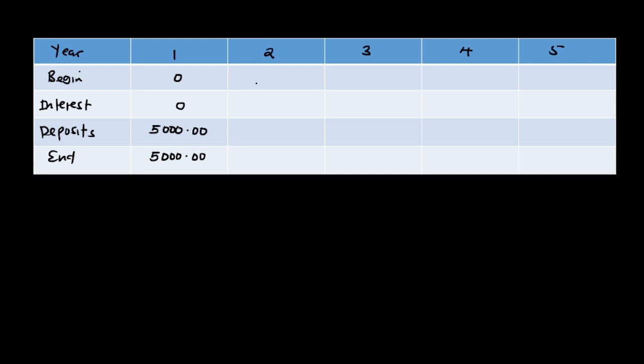In the second year, the same 5,000 will be balance brought forward. Are we going to expect interest here? Yes, because it is the beginning of the year. So 6% of that is 300 kwacha. Then you deposit your 5,000 at the end of the year, and your total will now be 10,300.